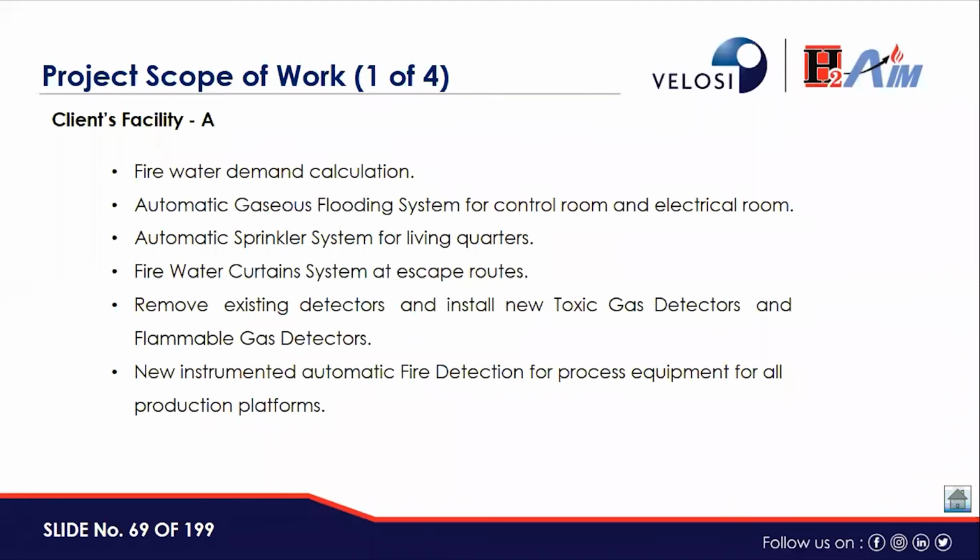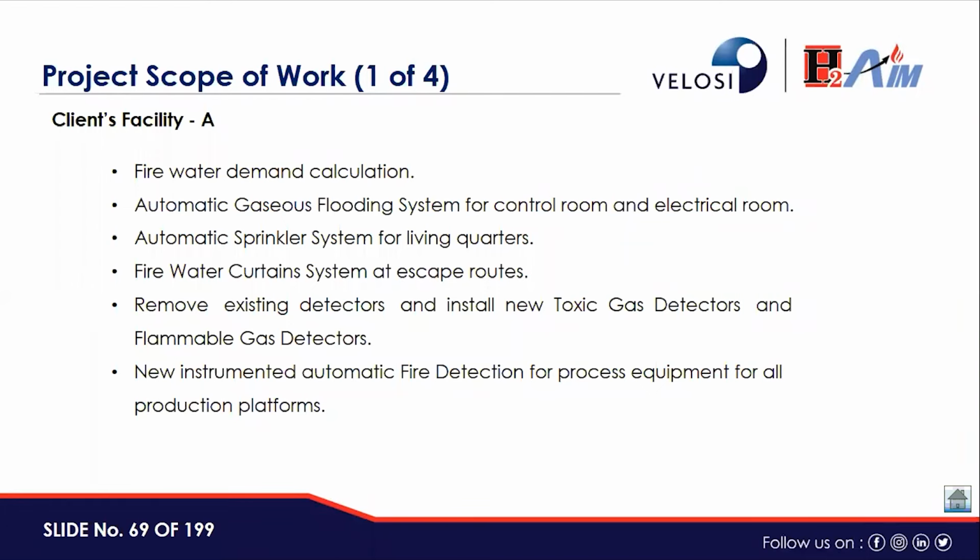For facility A, the scope was: we have to calculate the fire water demand. Then we have to design the automatic gaseous flooding system for the control room and electrical room. Then we have to design the automatic sprinkler system for the living quarters. Then a fire water curtain system at escape routes.